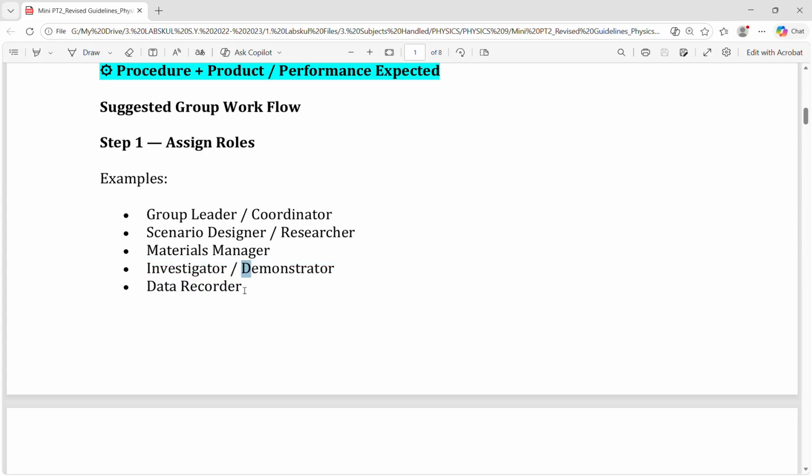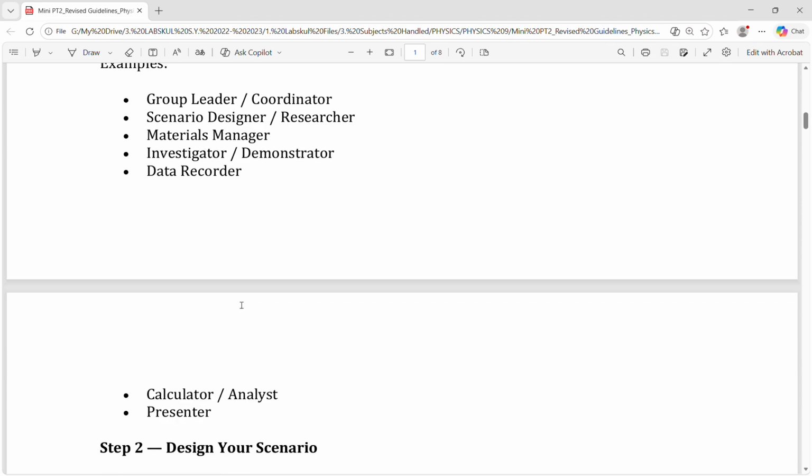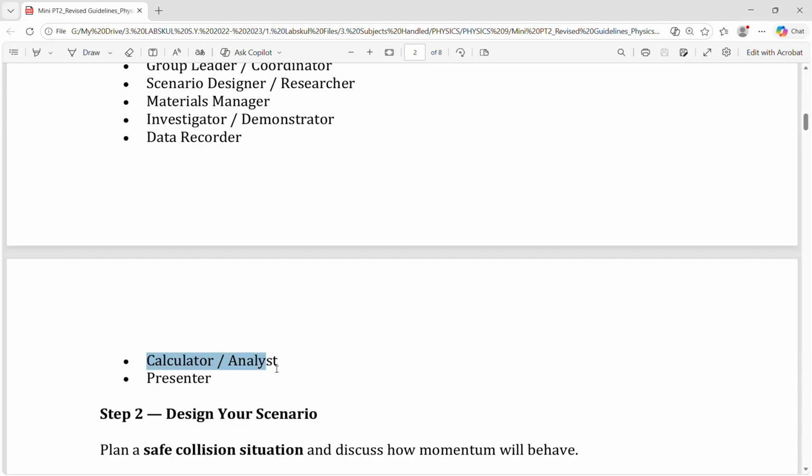Next is the data recorder. The data recorder will take note of the values of mass, and if you want, also assign the values of velocity before the collision and after. Then someone will calculate or analyze based on the given values.